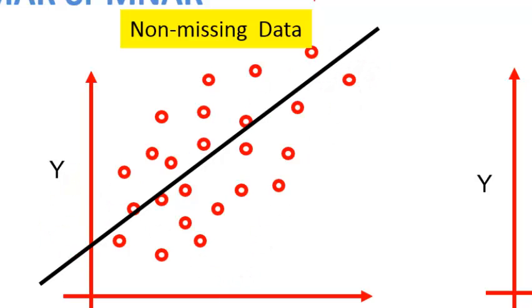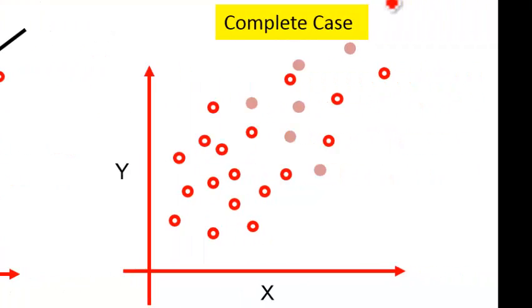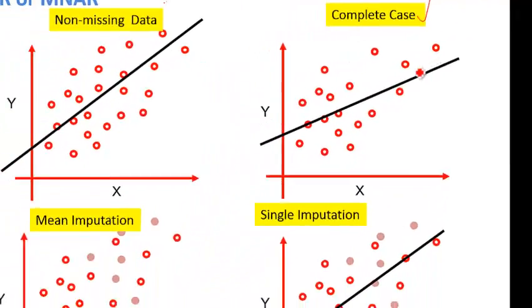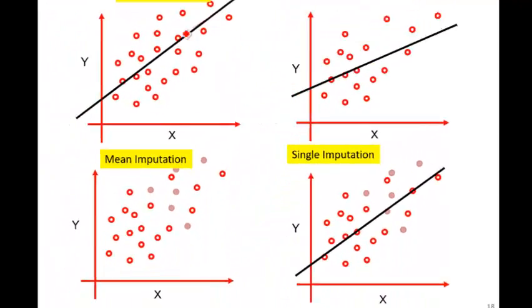And when the data contain missing, that's here, and you don't observe these data. If you ignore the missing and just use complete cases, then the association you detect from the analysis can be biased. You see this slope is slightly different from this slope, right?